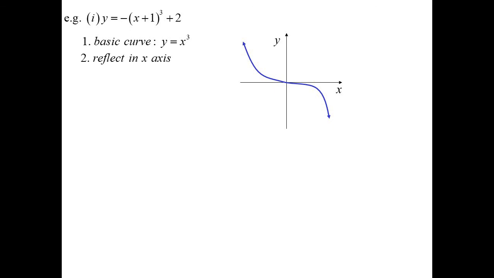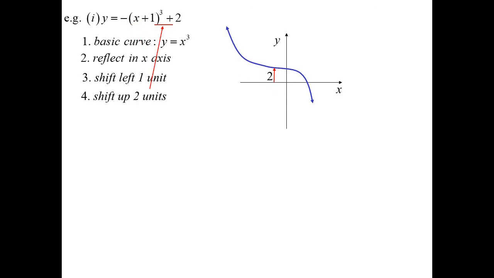So that negative is referring to the y, so that must be a horizontal reflection. Now, grouped with the x, we have the 1, so we have a horizontal shift left 1 unit. And then we've got the plus 2 as well, so we shift the whole thing up 2 units. And there's our graph. So the origin has been moved to (-1, 2).